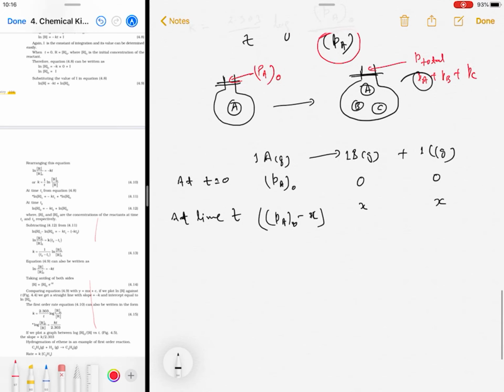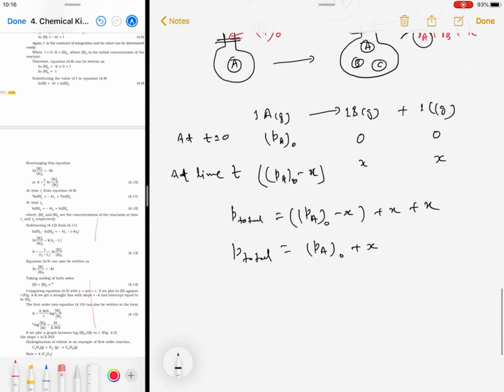Here we can get P total easily. The P total is measured, and P total will be equal to PA naught minus x plus x plus x, or PA naught plus x. So we get P total is equal to PA naught plus x. Now if we have to find only PA, it is PA naught minus x. This is PA, the final pressure of A.